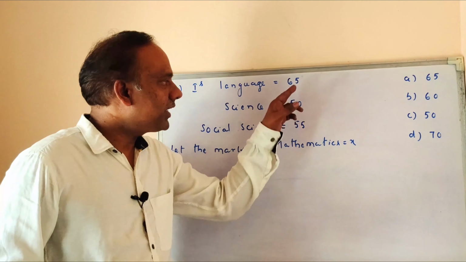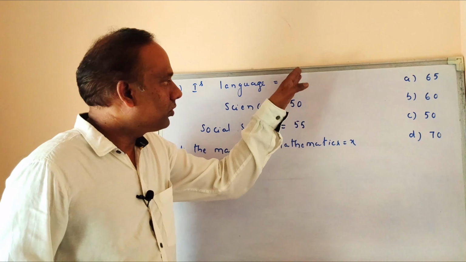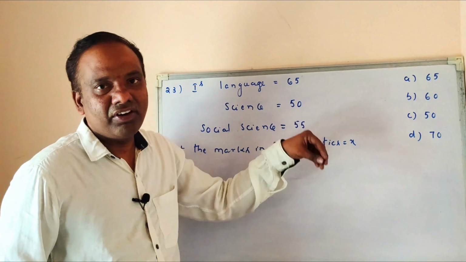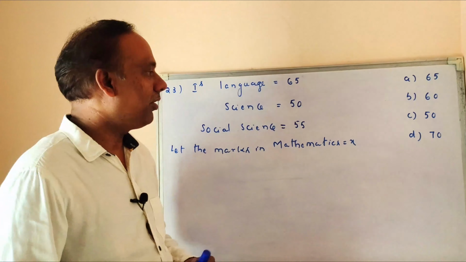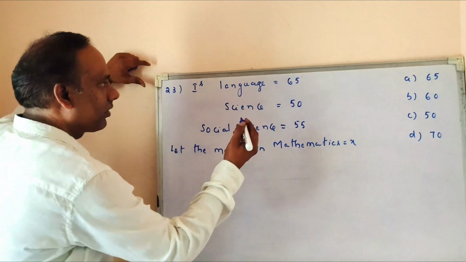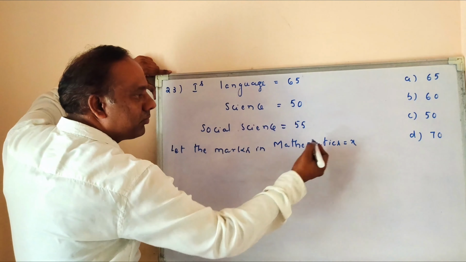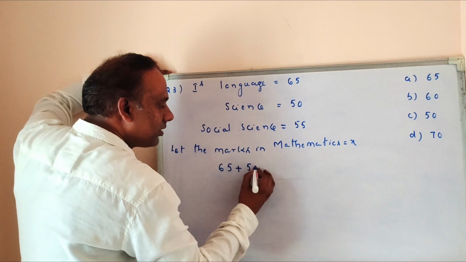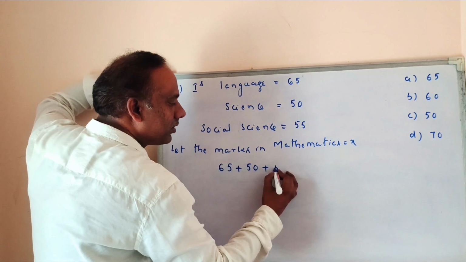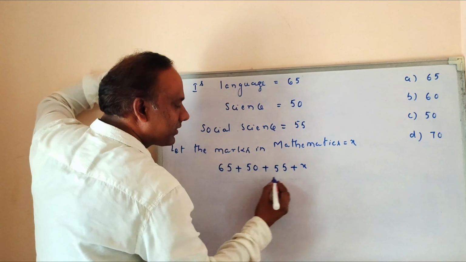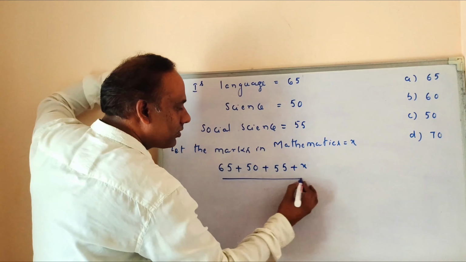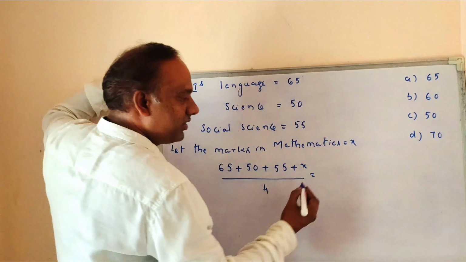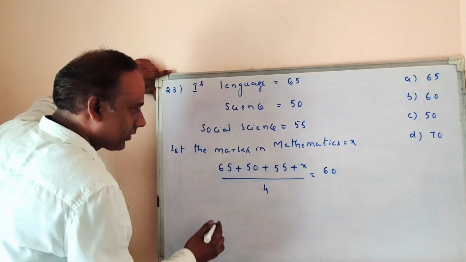Average means the sum of the marks in 4 subjects divided by 4. So we add all the subjects' marks: 65 plus 50 plus 55 plus x, divided by 4, is equal to the average, 60.